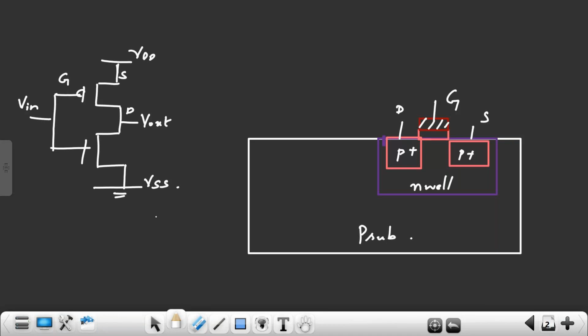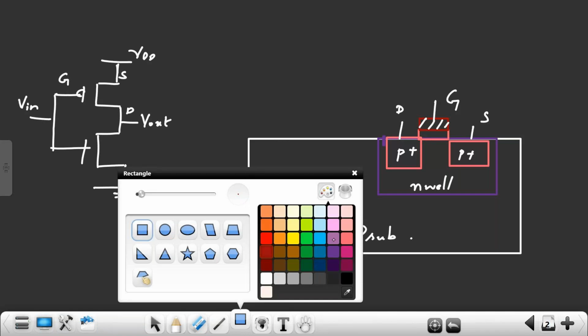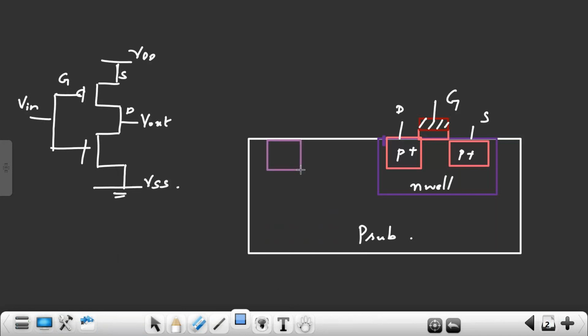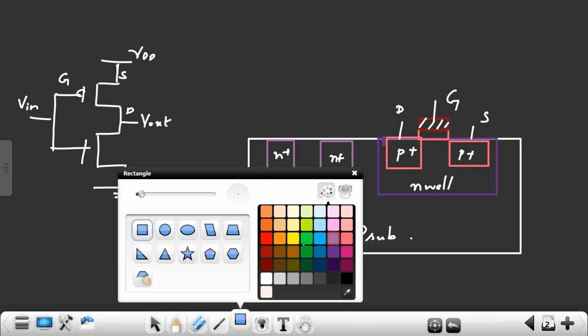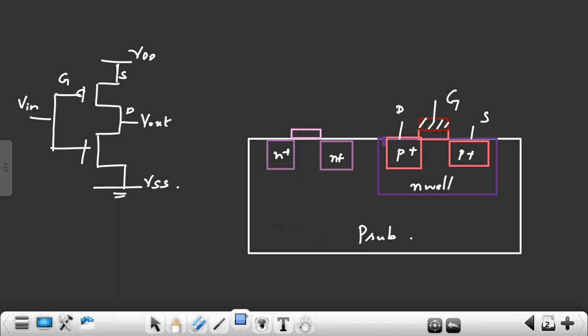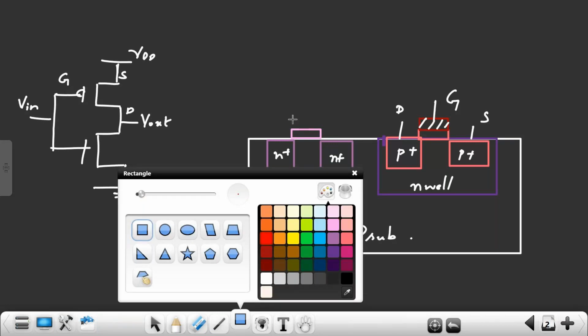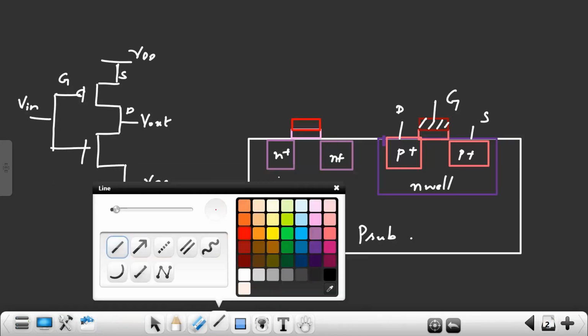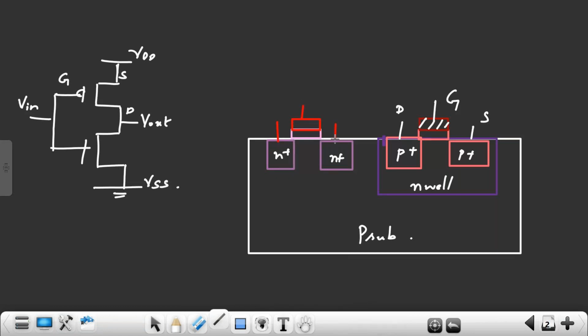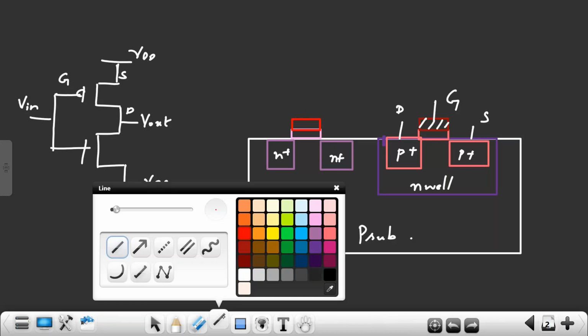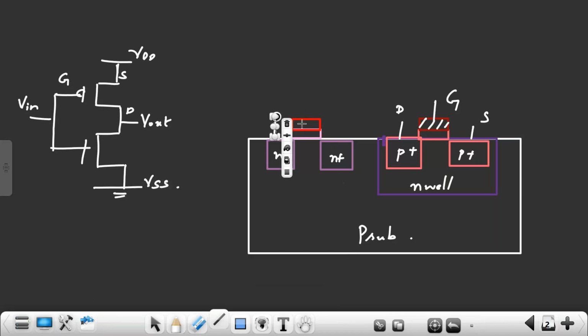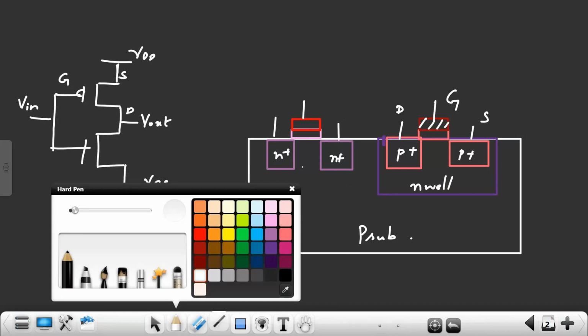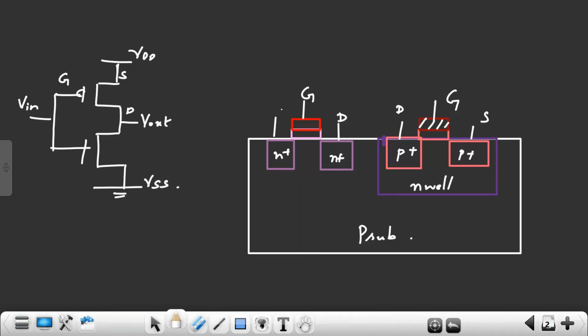And your NMOS is fabricated here. In NMOS, you have source and drain, which is the N plus region, and silicon dioxide, and on top of silicon dioxide, polysilicon.